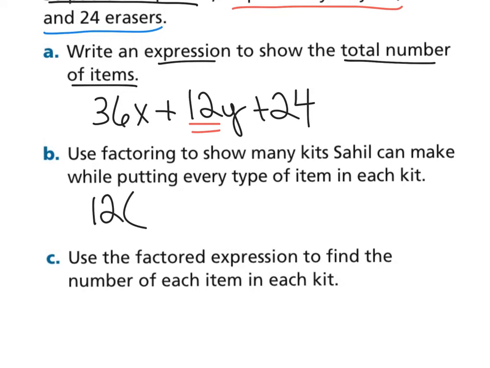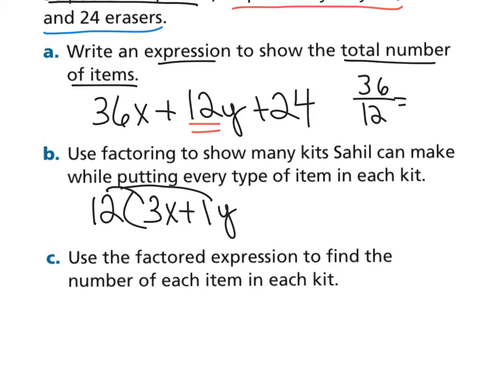And again, to figure out what our numbers are going to be, we had 36. So 36 divided by 12. I mean, we're thinking about 12 times what to get 36x here. So that would be 3. 12 times 3 is 36, and then we need our x also. And then 12 times what to get 12y would just be 1y or y.